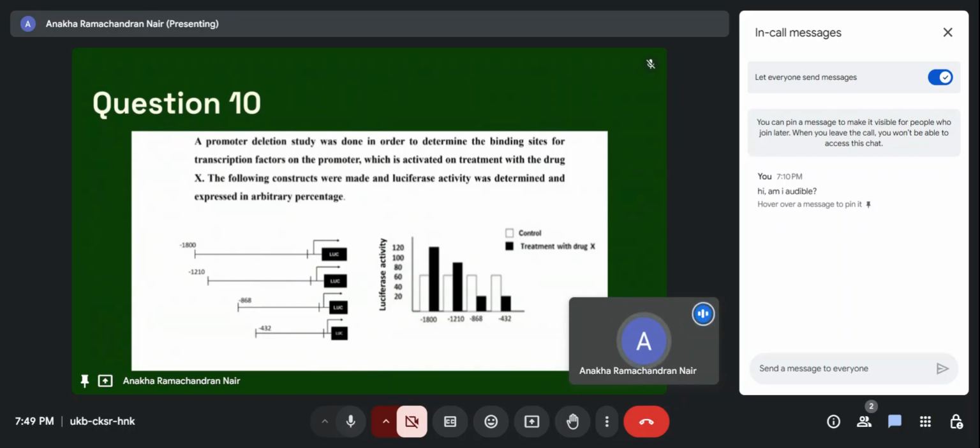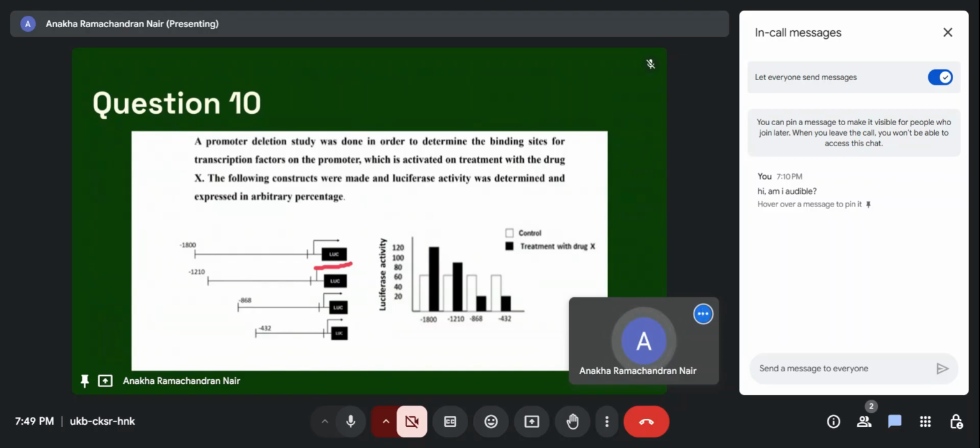This is the luciferase gene, and depending on how much of this mRNA is formed, you will have more luciferase activity and more visible glow that can be measured.